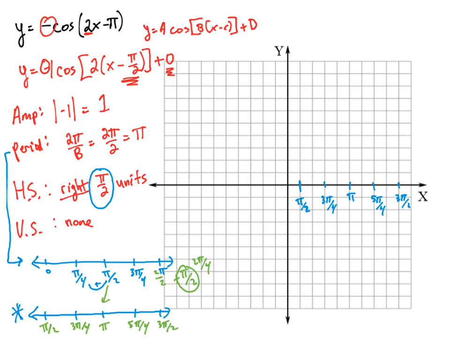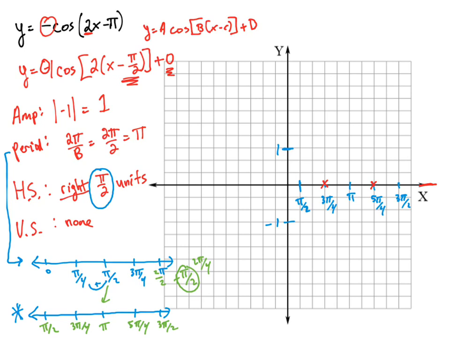Okay, the amplitude is 1, so that means the graph is going to be bouncing between 1 and -1, and since there's no vertical shift, I don't need to adjust the 1 and -1. The graph is going to be bouncing between those two. And remember, cosine hits the horizontal axis, which is here, at the quarter points. So the graph is going to hit here and here, and then the max and mins are at the other values.